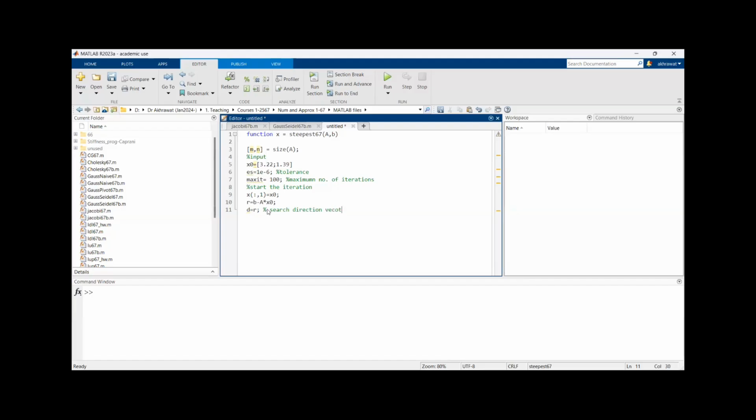Here we use the gradient. Okay. And then we go to the for loop that will fill in my solution from the second column to max IT.